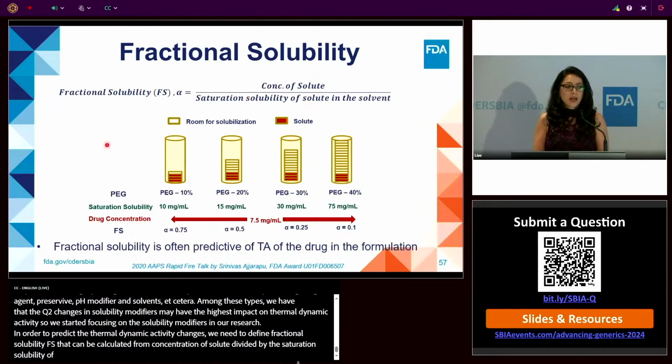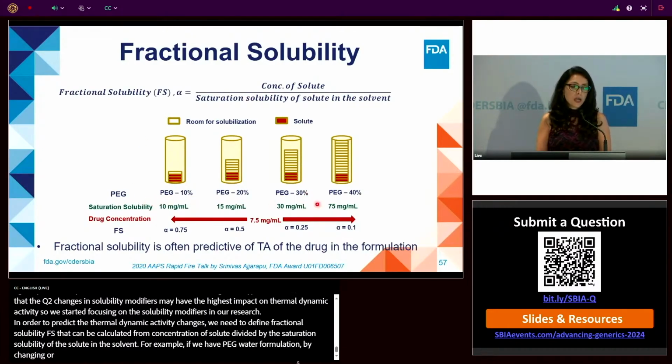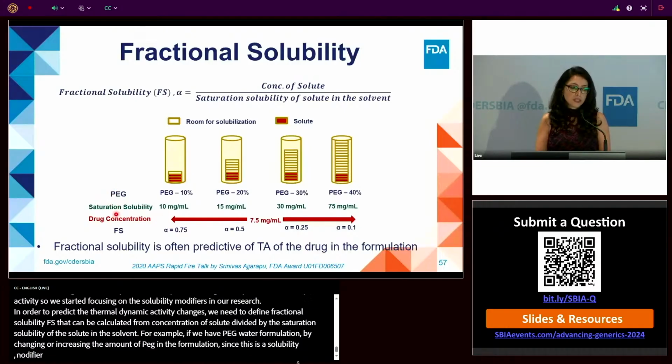For example, if we have PEG water formulations, by increasing the amount of PEG in the formulation, since it is a solubility modifier, the solubility of the drug of interest most likely would increase. For example, here in this example, the saturation solubility of this drug has increased by increasing PEG concentration.